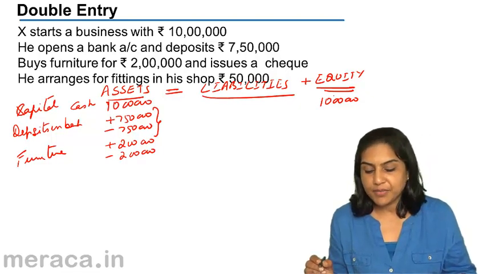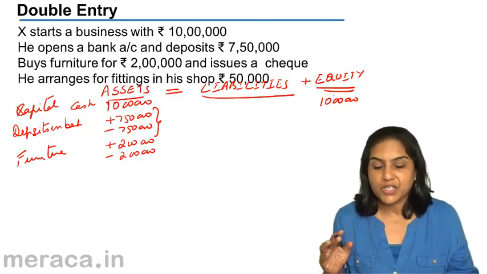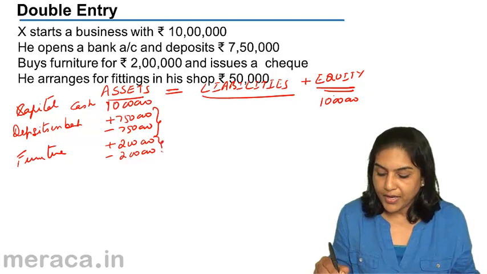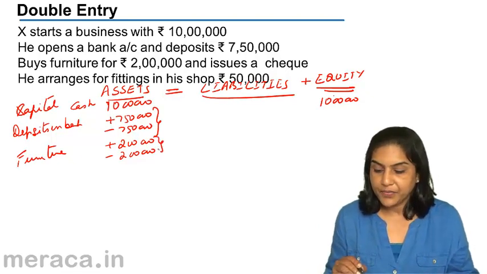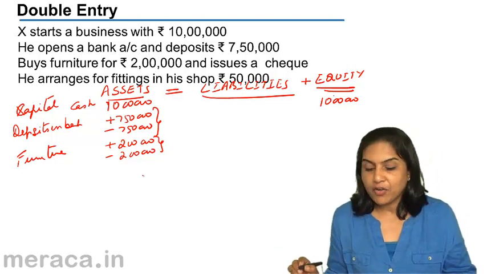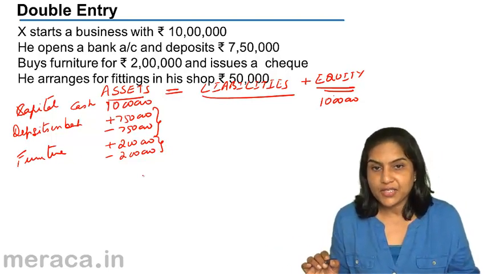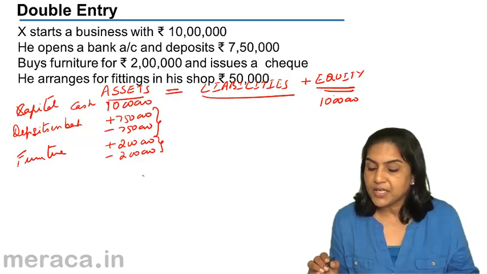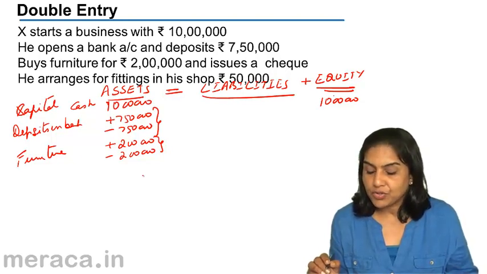Again, the bank asset comes down, the furniture asset goes up by 2 lakh, net effect nil. So we still have 10 lakh of asset and 10 lakh of equity, but the nature of the assets has changed. He arranges for fittings in his shop for 50,000.